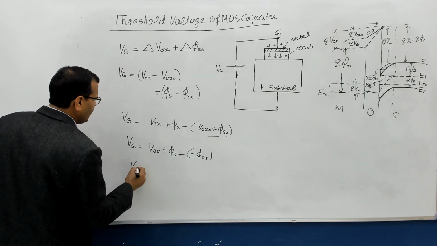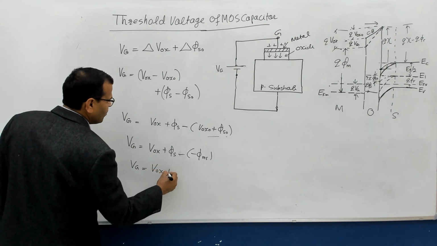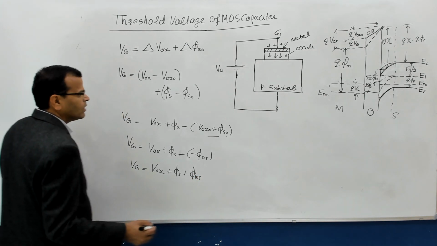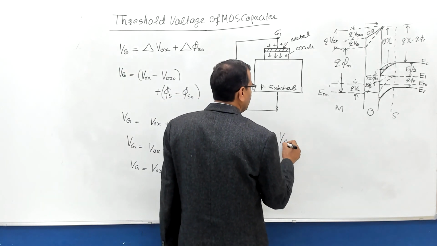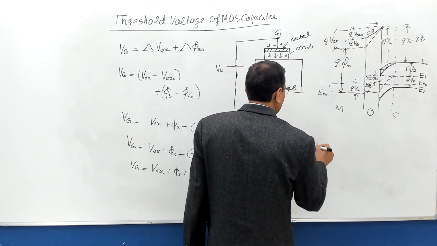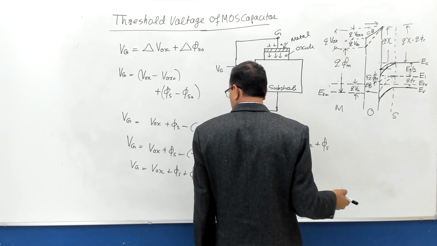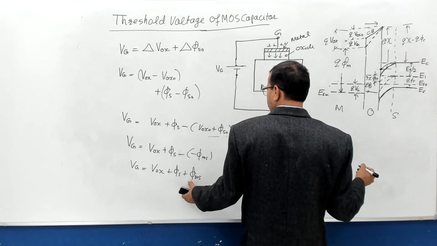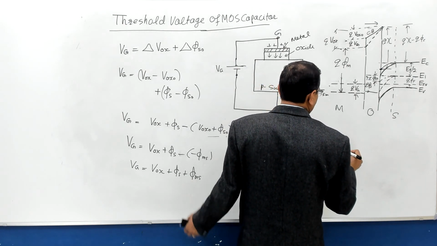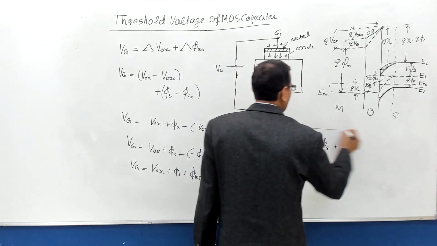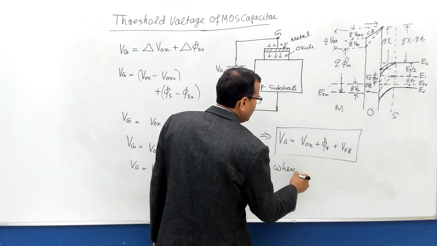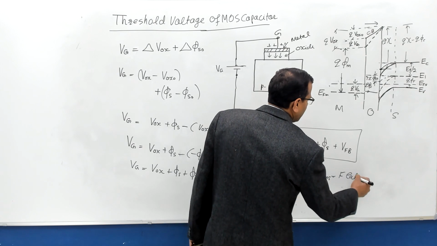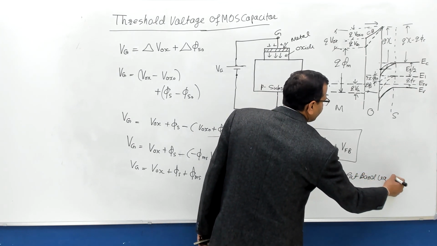So Vg is equal to V naught X plus phi S plus phi ms. Or the applied gate voltage Vg is equal to V naught X plus phi S plus the flat band voltage VFB, where VFB is nothing but phi ms, and that is known as the flat band voltage.